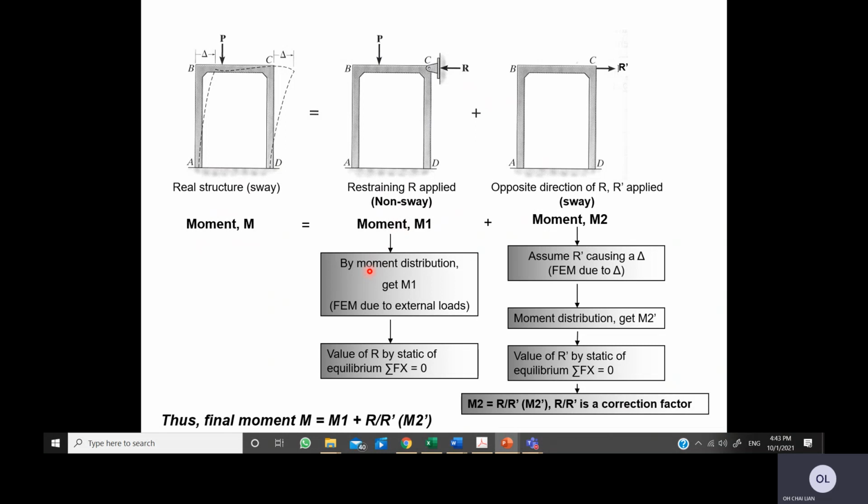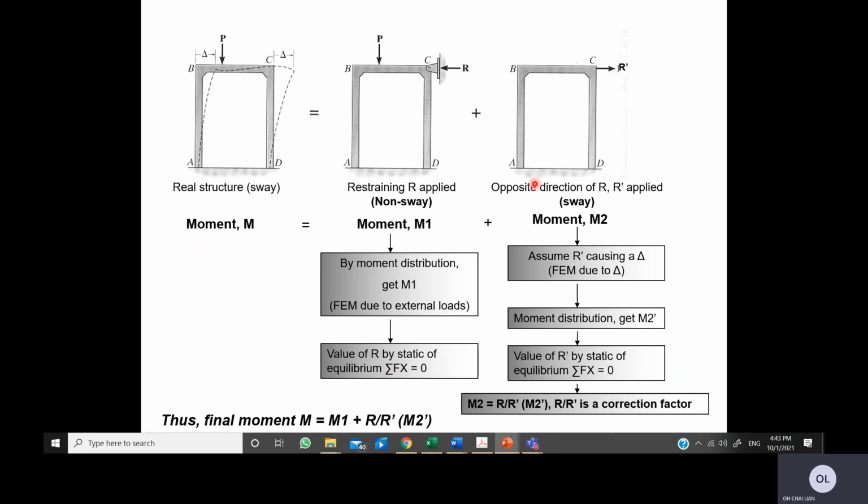By moment distribution in the table, you will get the moments, and we term it M1. The fixed-end moment, or initial moment, is taken due to the external loads or support settlement in the real case. At the end, after the moment distribution table, we need to determine the value of R by using the equilibrium equations.